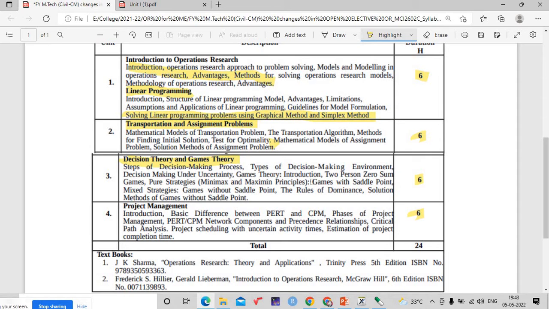Verbal problems are given in each sector, like operation research is applicable almost everywhere: in business, in agriculture, in government sector, in certain policy making sectors like LIC, Life Insurance Corporation of India. That way we can handle transportation and assignment problems and sometimes decision making problems also. So the third unit will be talking about decision theory and game theory.